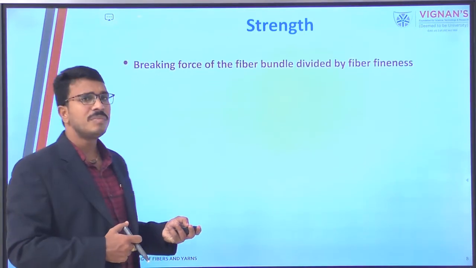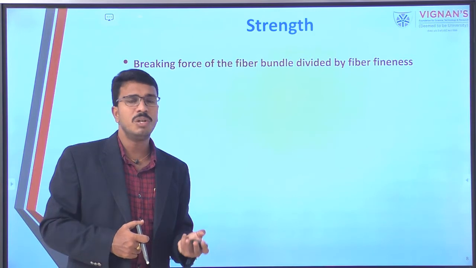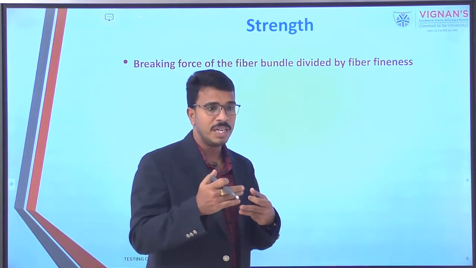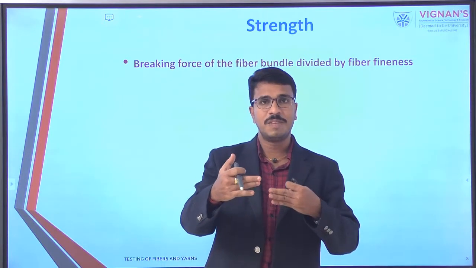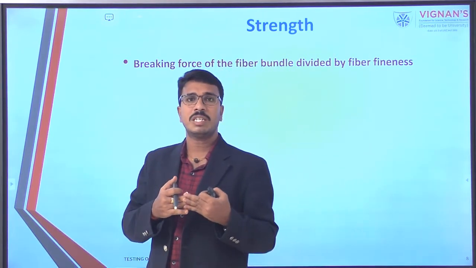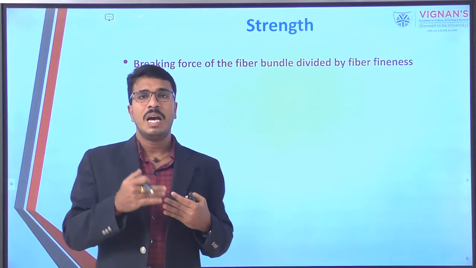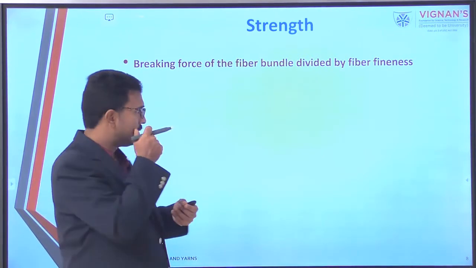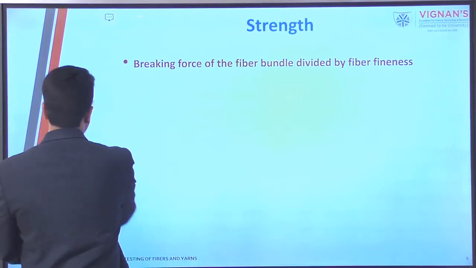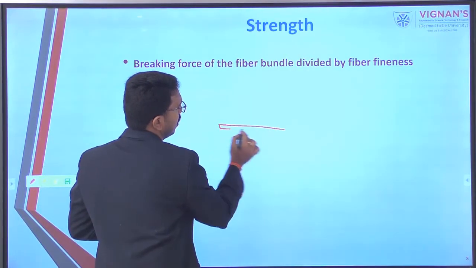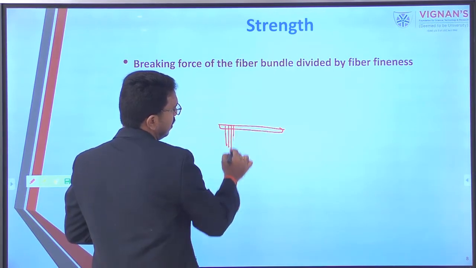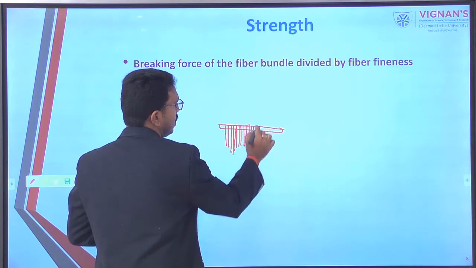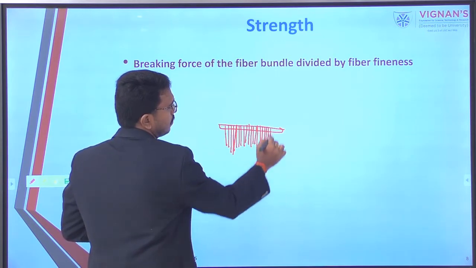Coming to strength, as I told you already, after scanning the fiber beard photoelectrically from base to tip, the same beard is used further. Say, for example, this is the comb and these are the fibers which are caught randomly at this comb by using the fibro sampler.